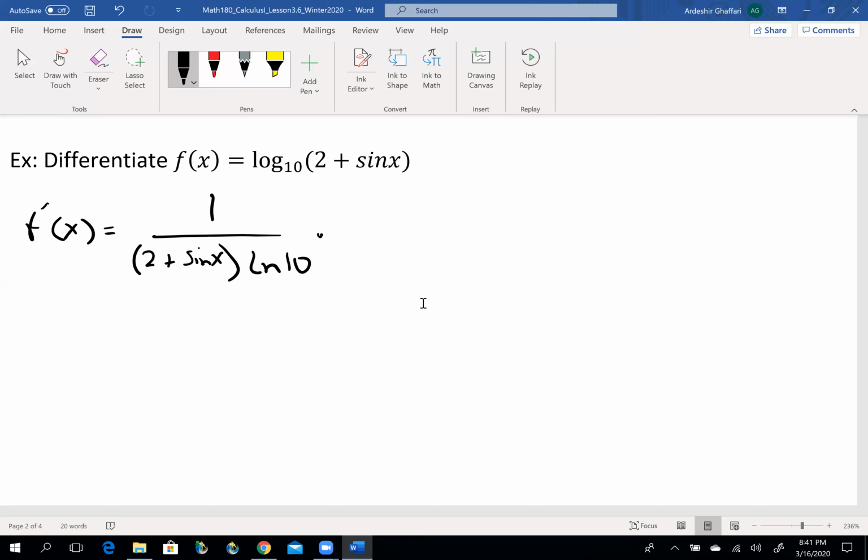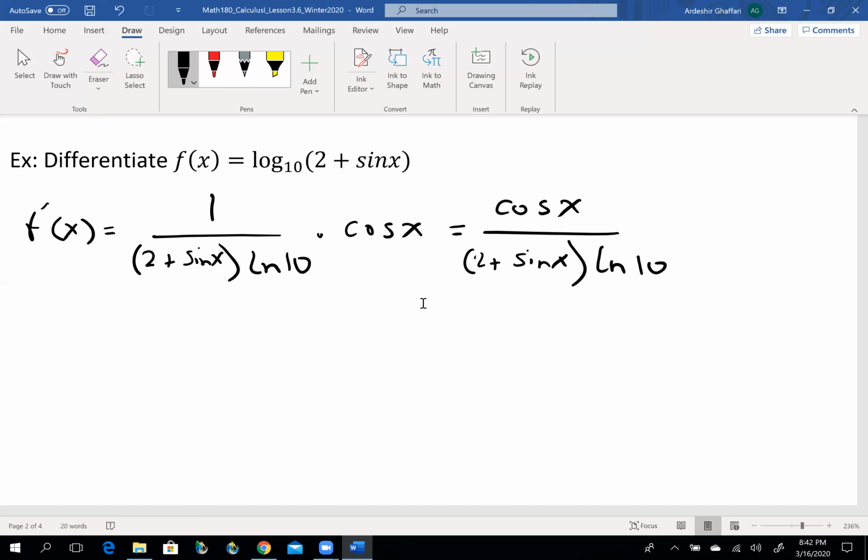And then the derivative of sine of x is cosine of x. So the answer is cosine of x over 2 plus sine of x times natural log of 10.